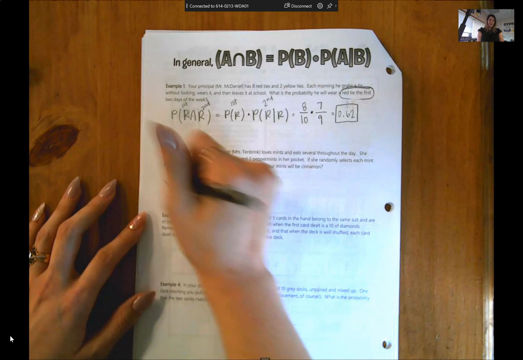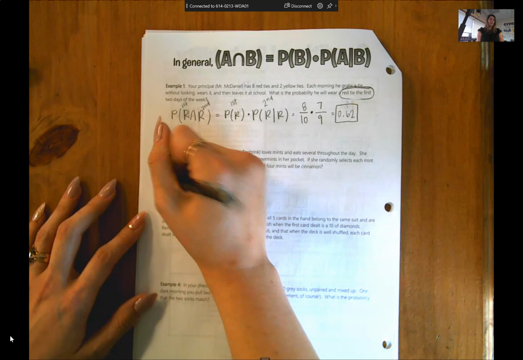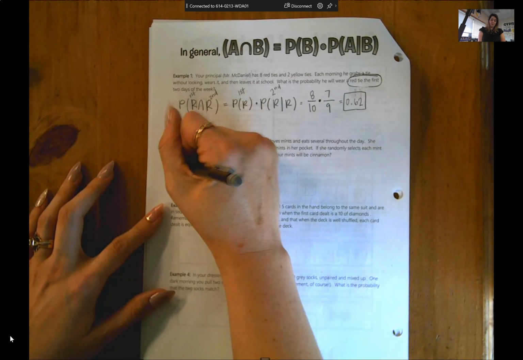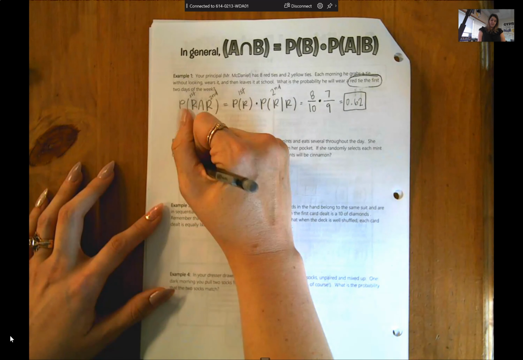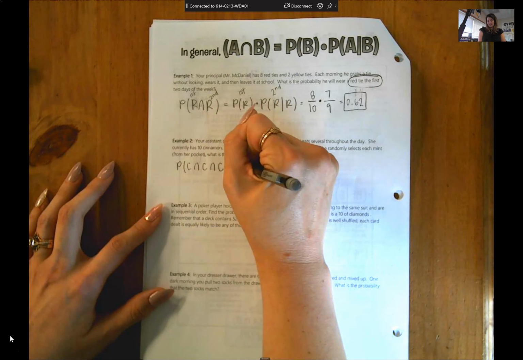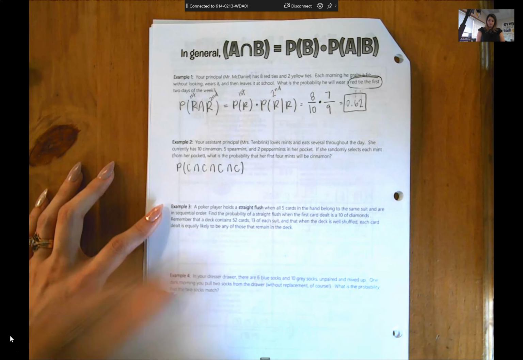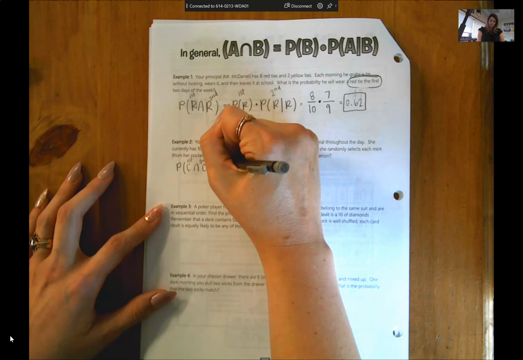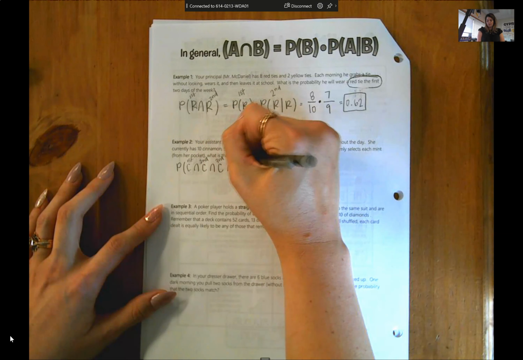Okay, this is the probability, and maybe you don't want to write this down, but I'm going to write it, of C and C and C and C. The first is cinnamon, the second is cinnamon, the third is cinnamon, the fourth is cinnamon.